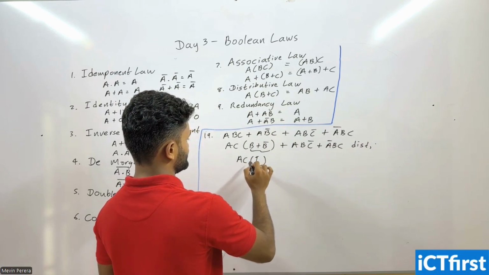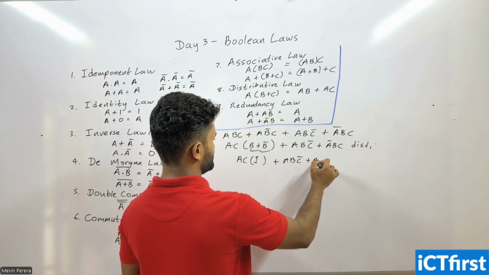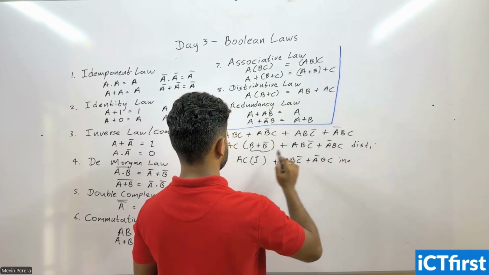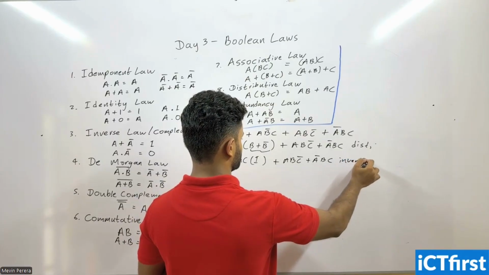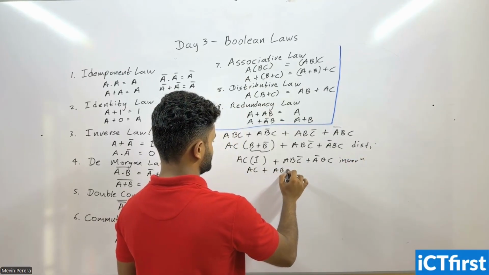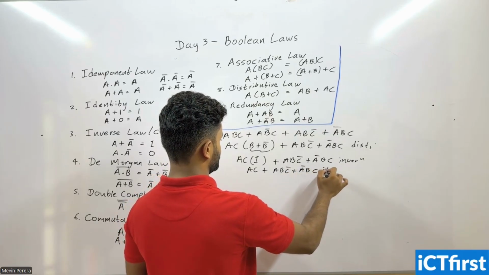That is the inverse law. So AC plus ABC bar plus A bar BC, identity law.